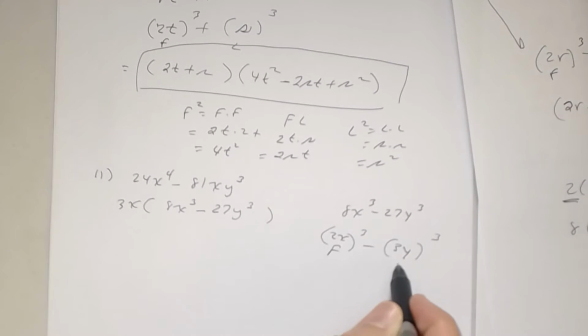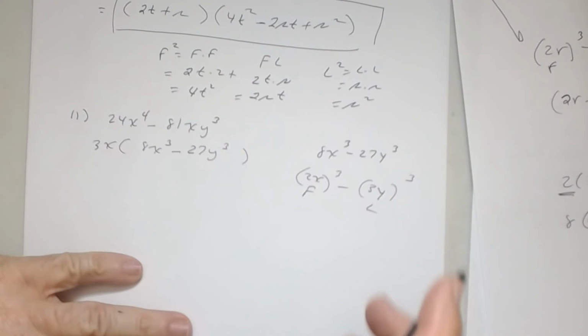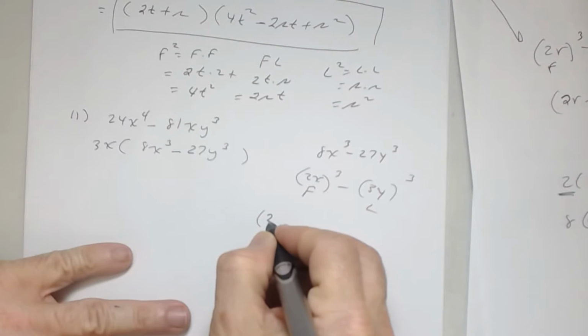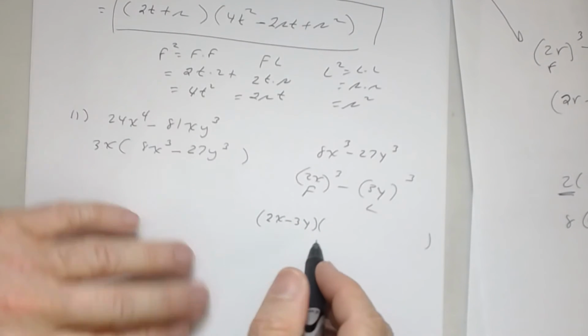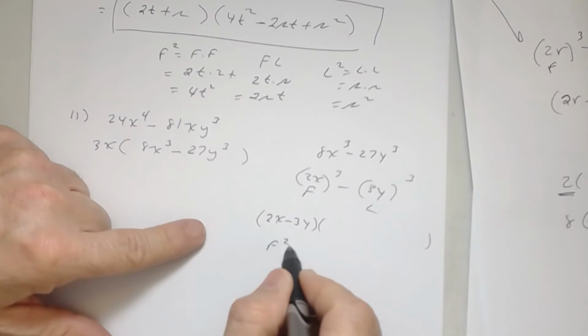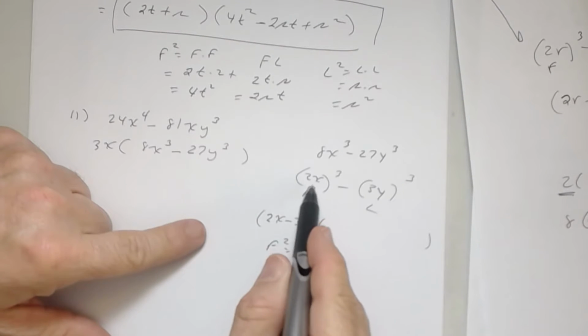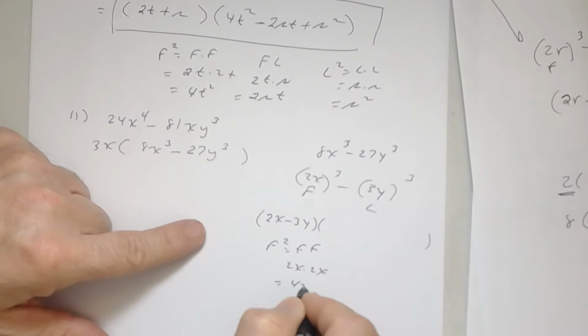So there's your F, there's your L. So your binomial then will be what? Yeah. All right, now let's talk about the trinomial. So the first term of the trinomial is f squared, meaning f times f. What's f here? 2x. So 2x times 2x is 4x squared.